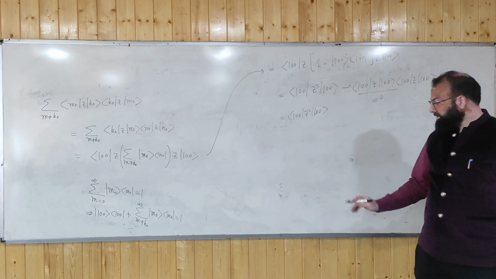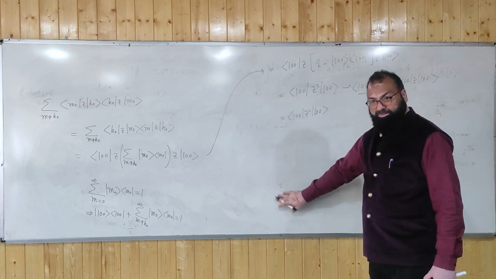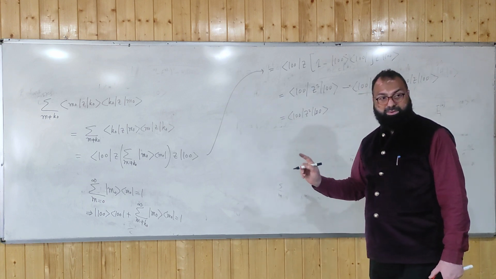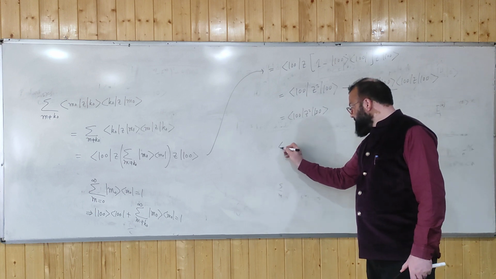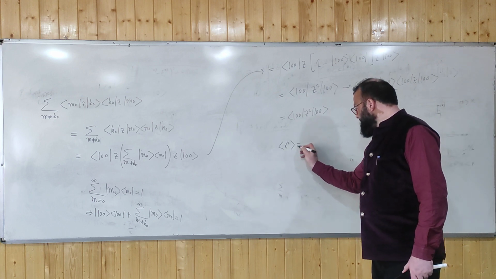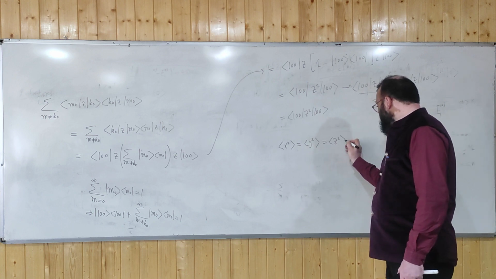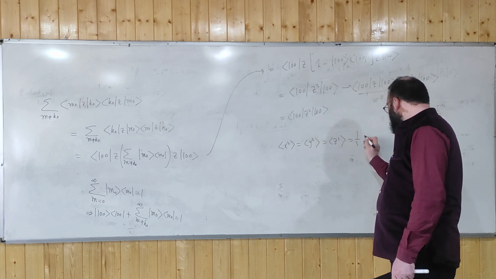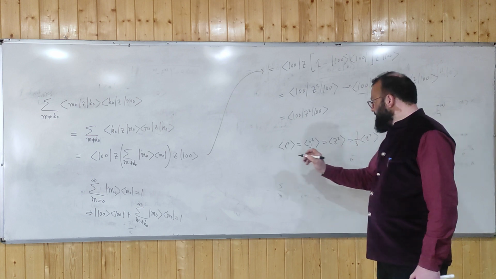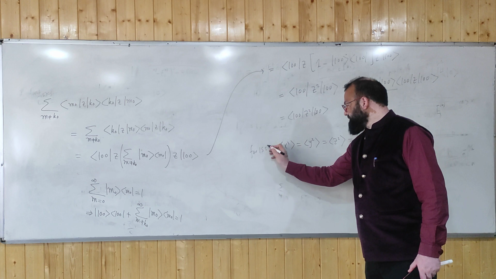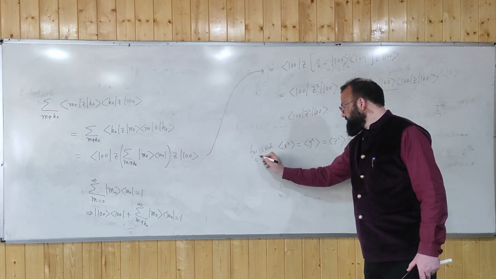Now for the hydrogen atom, you have probably done this, for spherically symmetric, for one state, the ground state in the hydrogen atom, you have x squared equal to y squared equal to z squared, which is equal to 1 by 3 r squared. This means it is for one state of hydrogen.